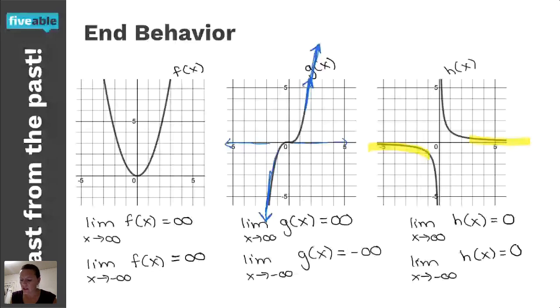Let's dig a little bit deeper into these 3 examples for a second. The first 2 examples had end behaviors that went to infinity or negative infinity, depending on the situation. Would those represent top-heavy or bottom-heavy functions when I take those limits? What do you think?